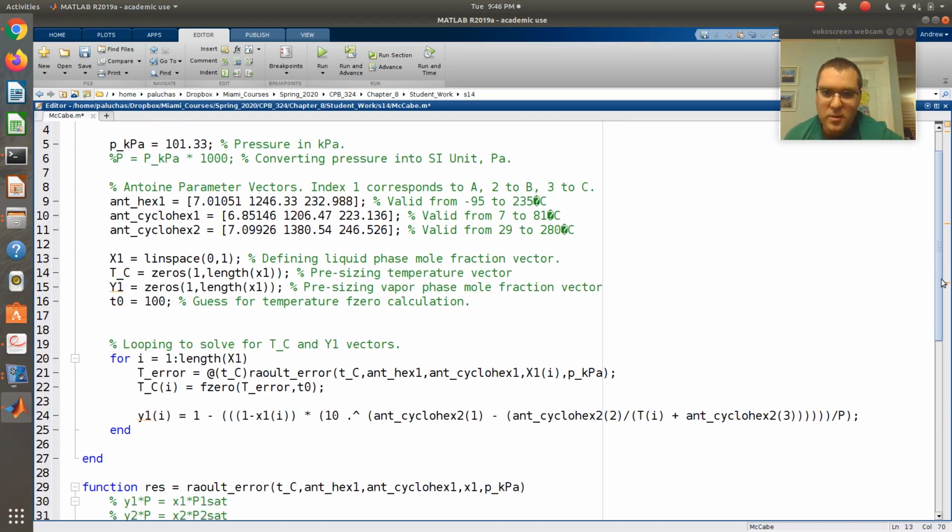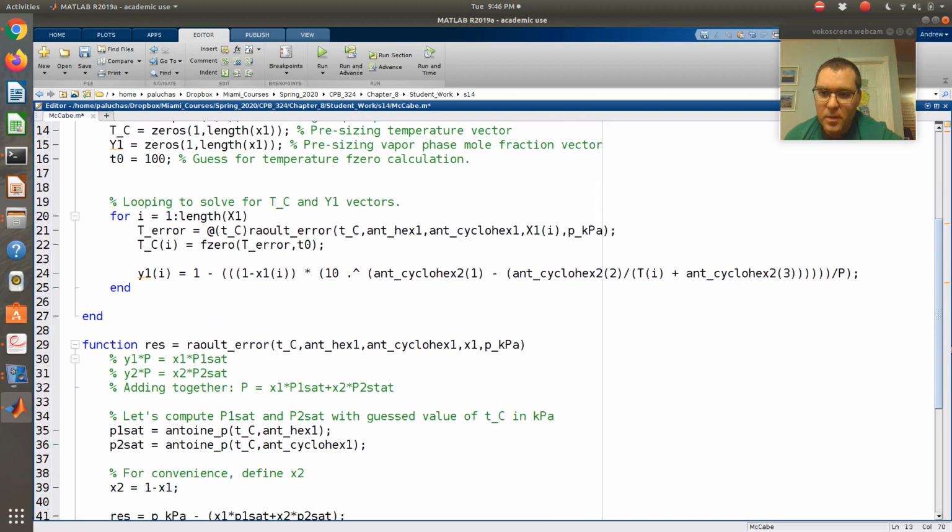how do I go about solving for y? So I add the two of them together. That gives me this error function, in which I've eliminated y, that allows me to solve for t. So if I want to solve for y, I can go to either one of these expressions, and y1 would be x1 times p1 sat divided by p.